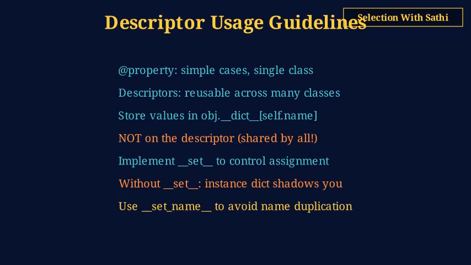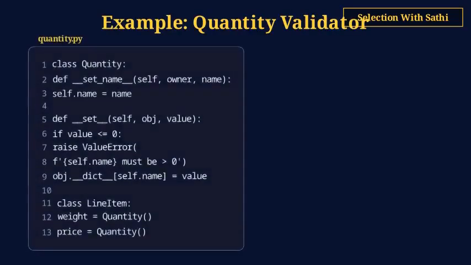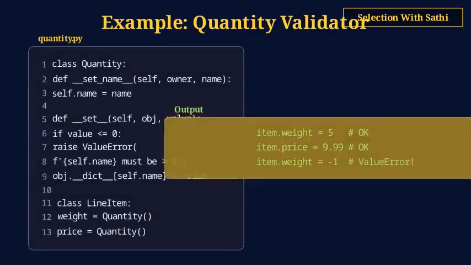Always store per instance data in the instance dictionary, not on the descriptor itself, otherwise all instances would share the same value. And always implement __set__ if you want to control assignment, because without it the instance dict will shadow your descriptor.